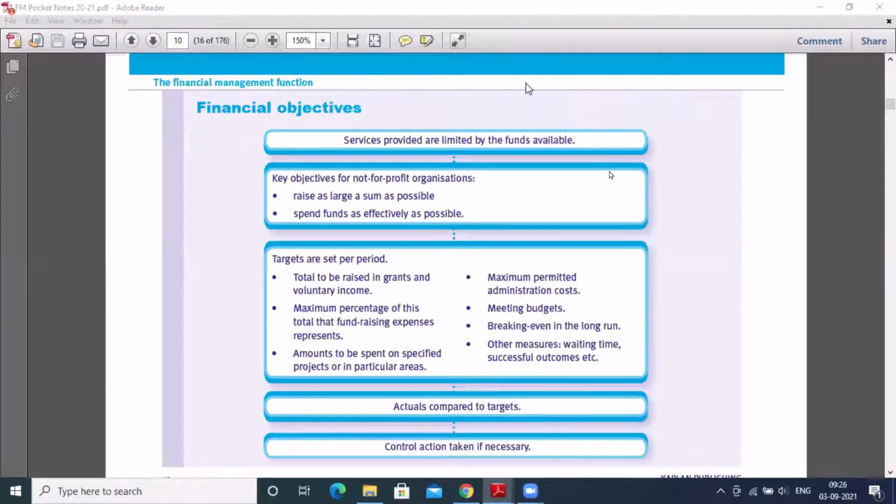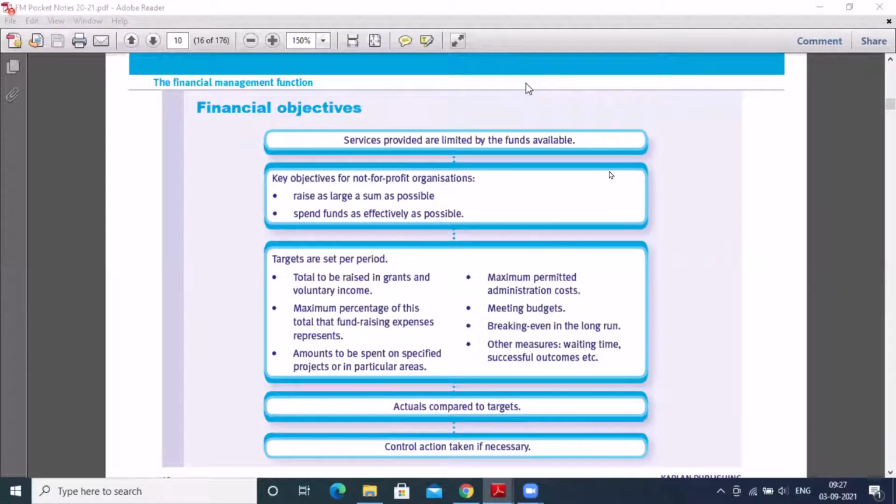So a not-for-profit organization always needs to fix a specific limit for administration. Administration, in the sense, can be rent for the building, or the salaries for the staff involved in the regular operations of that particular organization, or any other expense like administration expenses such as the power expenses and all these things.